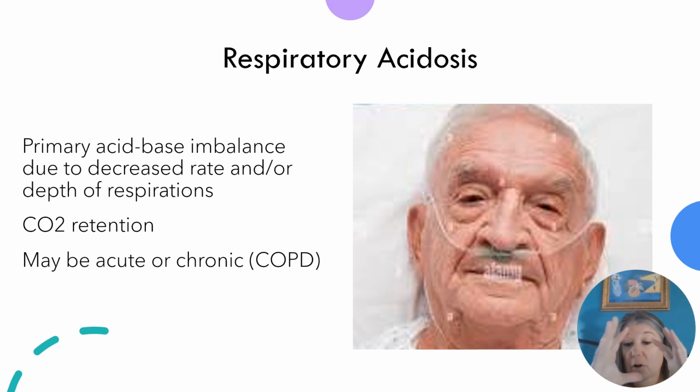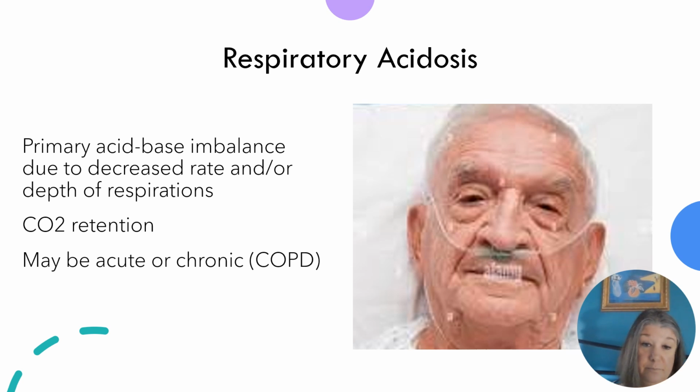Remember, our alveoli are like little flexible grapes. They're supposed to be pushing out that CO2. If they are hypoventilated, they're not as flexible as they should be, and they are not adequately pushing out that CO2. So that CO2 is just sitting in there, being an acid, causing me to become acidotic.